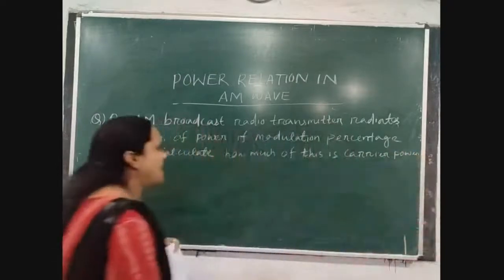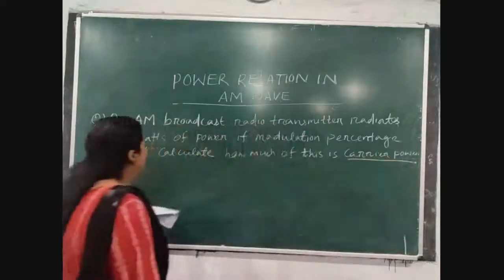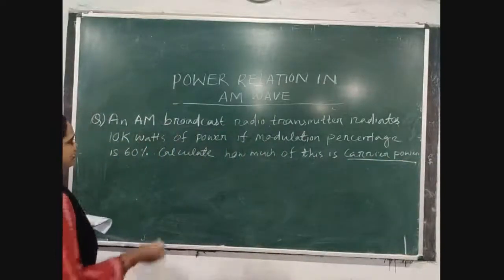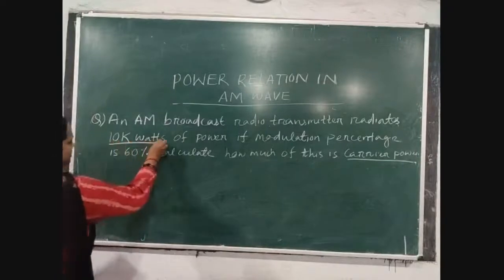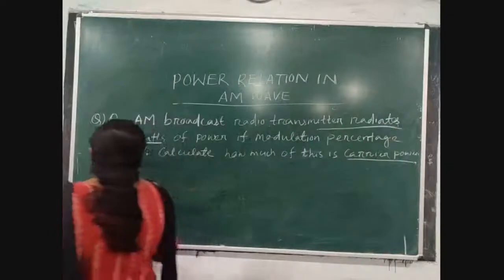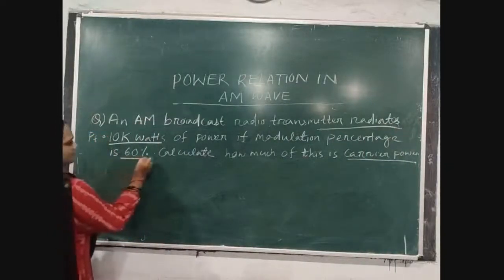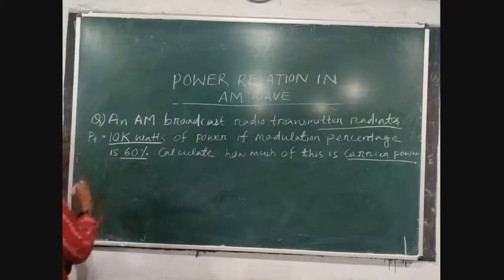So we have to find out the carrier power, and we are given the value of 10 kilowatt that it radiates, means this one is the total transmitted power, PT, and we have the percentage of modulation.